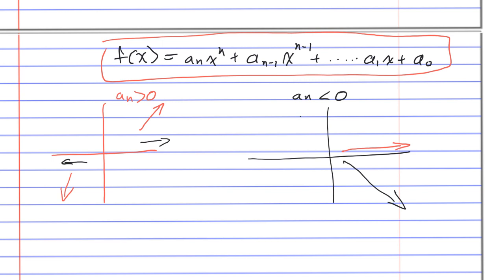And similarly, if I travel along the x-axis here, our y's tend to blow up this way if our a_n is less than 0.